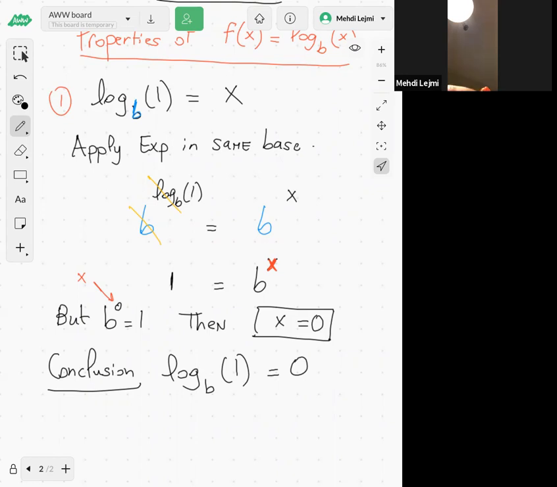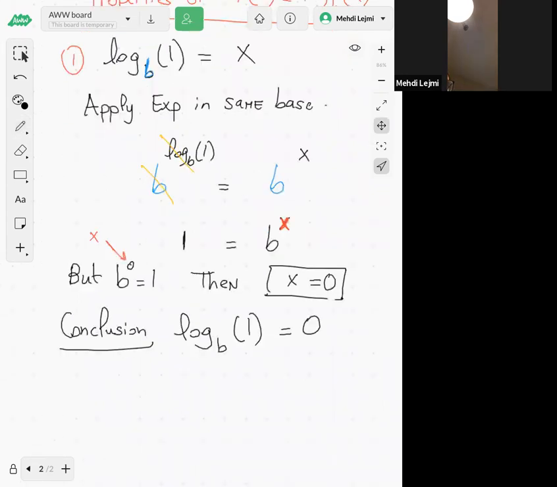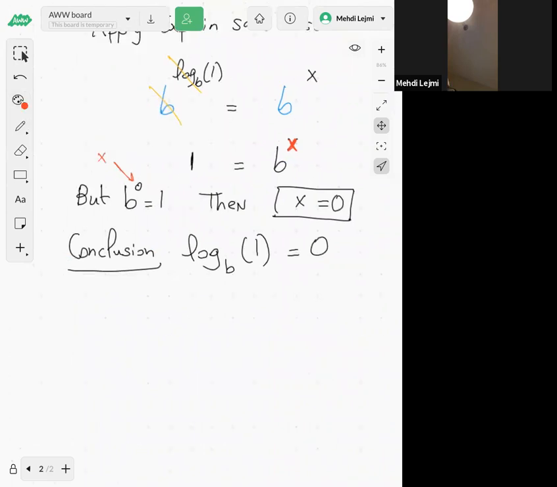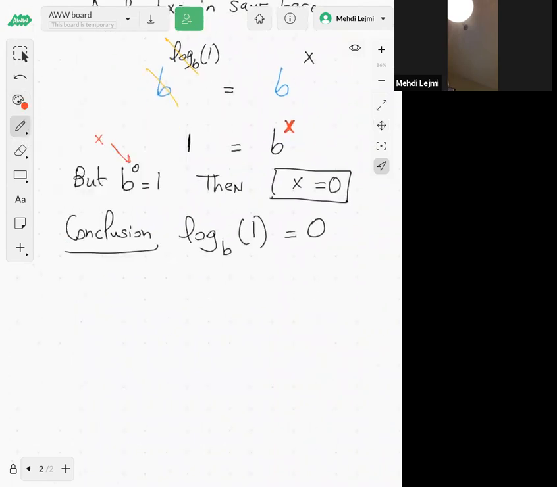Number 2, the next property: log in base b of b. So what will be log in base b of b? Let's suppose this is x, and we want to solve for x.